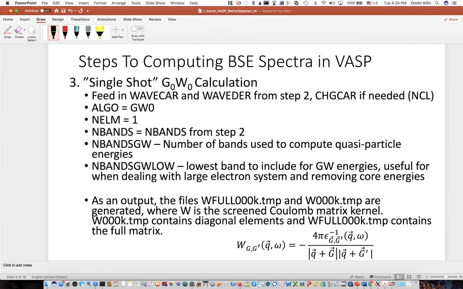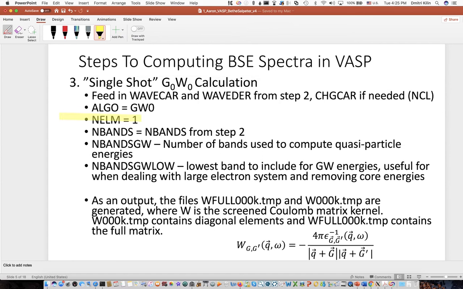And then I guess you have to tell it to do a single point, one minimization step. And then there are other parameters, so you can set the same number of bands.